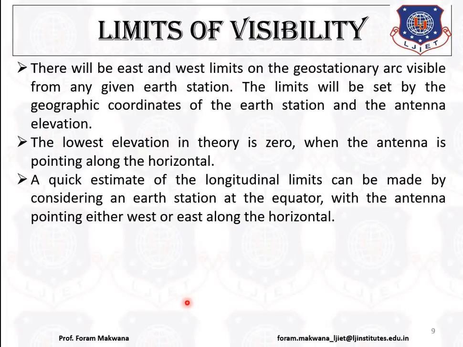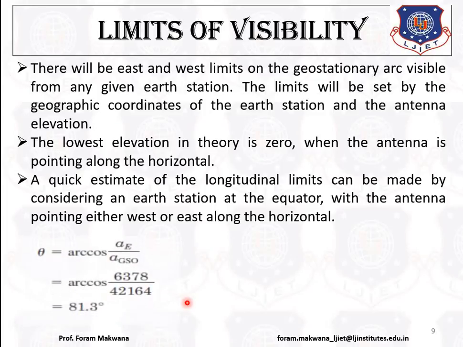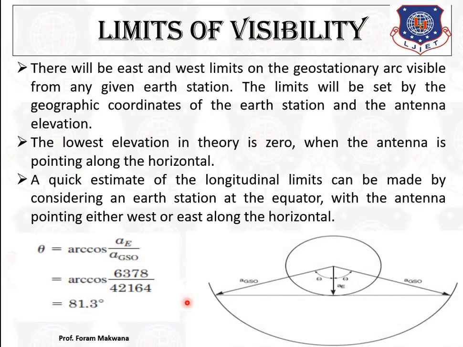Now the next term is limits of visibility. What does it mean? This is our earth, this is the equatorial plane, and this is the radius of the geostationary orbit. Limits of visibility defines that on the east side or the west side there is a limit on the geostationary arc visible from any given earth station.